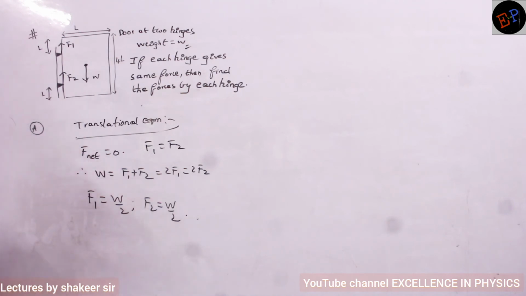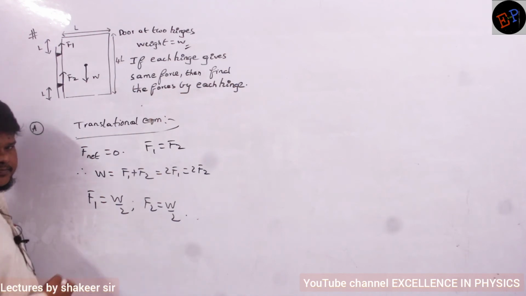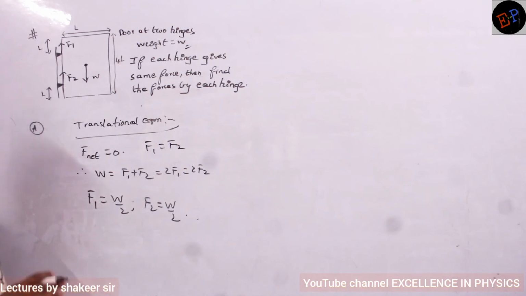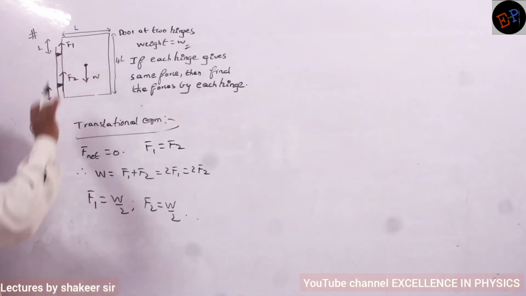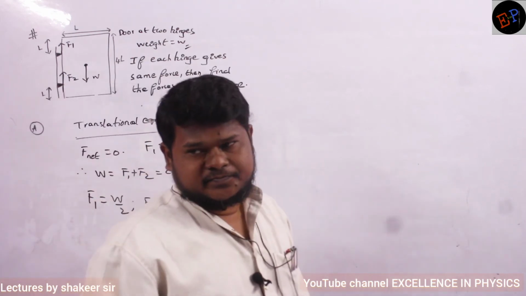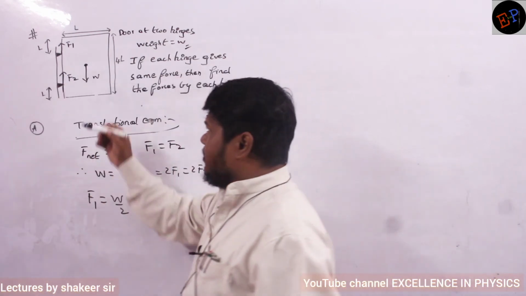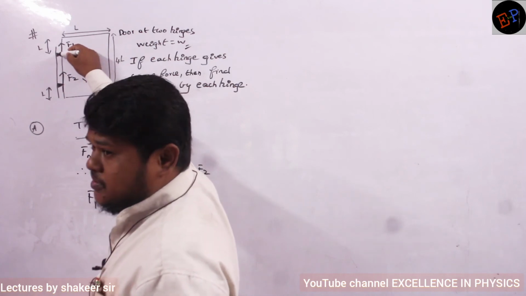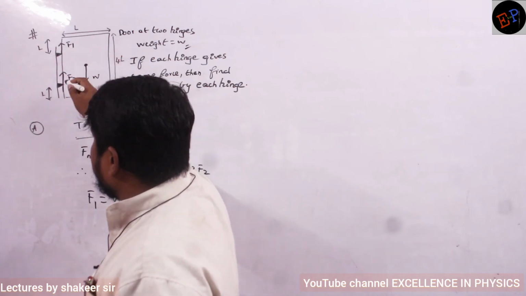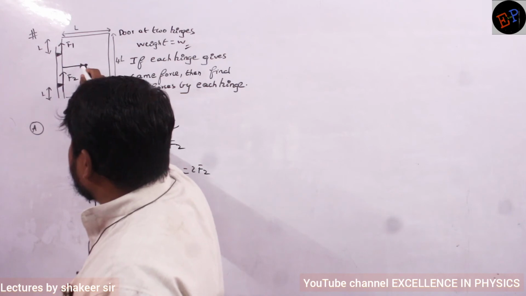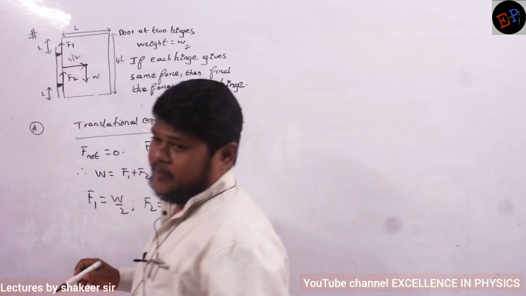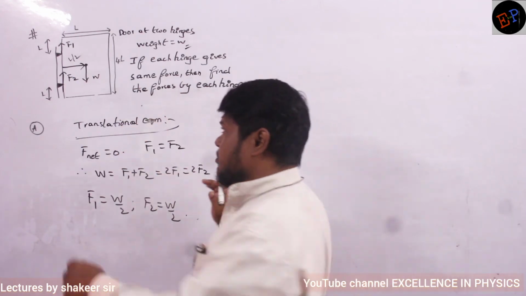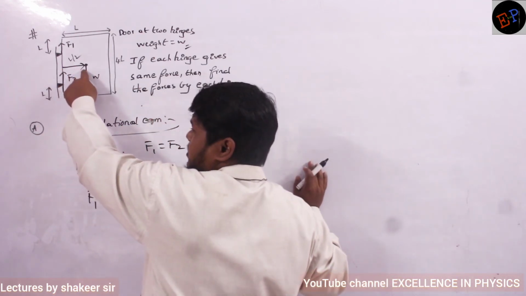Now, is this my answer? This is not my answer. Why? Because the weight of the door will also try to rotate this door about any hinge. For example, if I take this hinge to be my axis of rotation, the weight W has a perpendicular distance from the axis of rotation, which is L by 2.